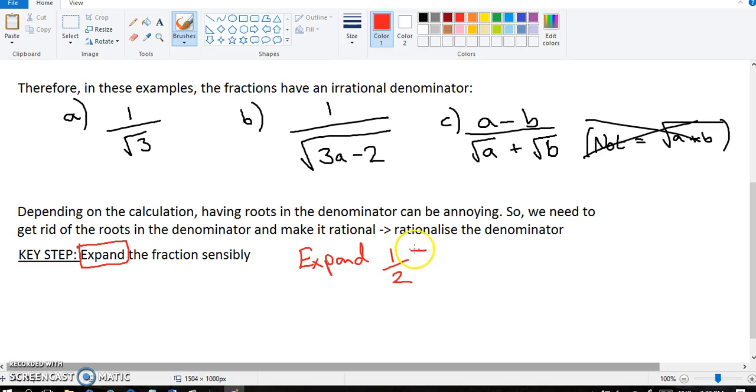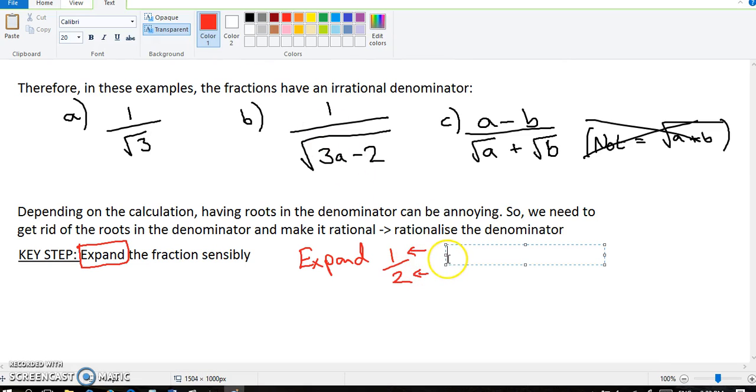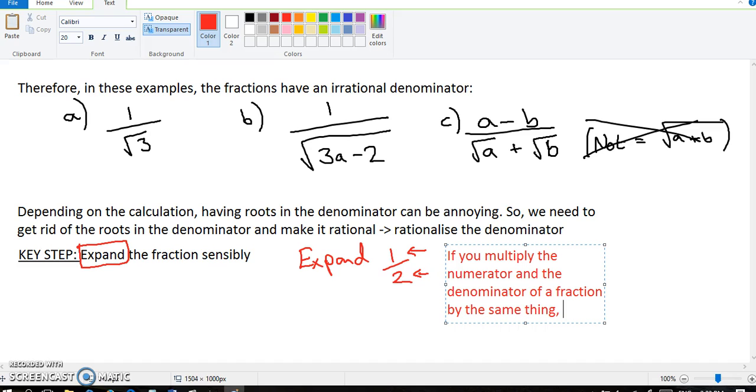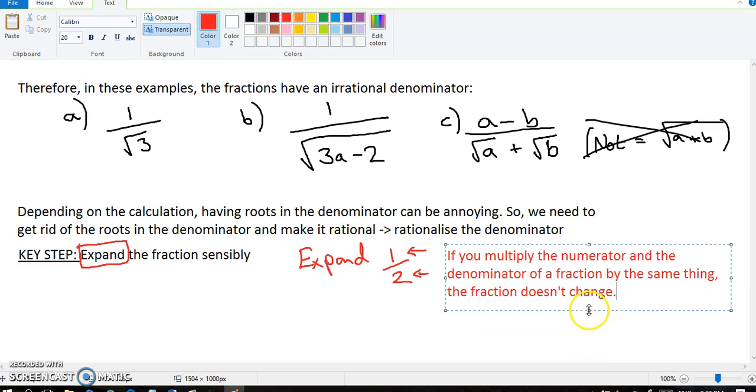This means I multiply the numerator and the denominator by the same thing, which is exactly the same as multiplying by 1. So the fraction doesn't change because it's the same as multiplying by 1. And I'll show you in a concrete example with a half how this would work.